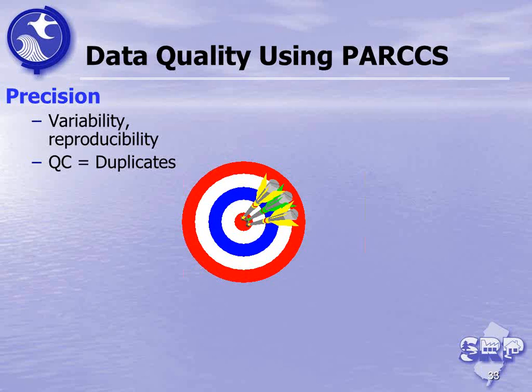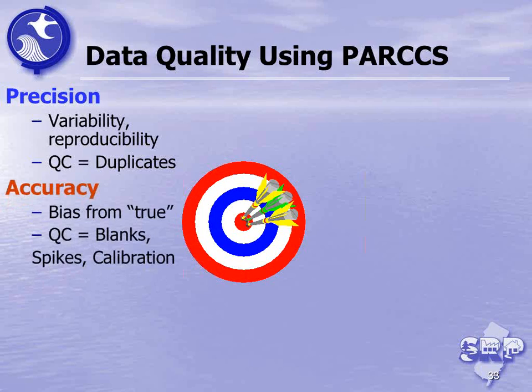So it's just some sort of measure of the scatter. Accuracy is an evaluation of the bias from the true. And we look at blanks. It could be method blank in the laboratory. It could be field blanks, equipment blanks, trip blanks. Spikes can be standard reference materials, surrogate recoveries, matrix spike duplicates, laboratory control samples. So all of these spike issues can tell us something about the accuracy of the measurements, as well as calibrations can tell us about accuracy.